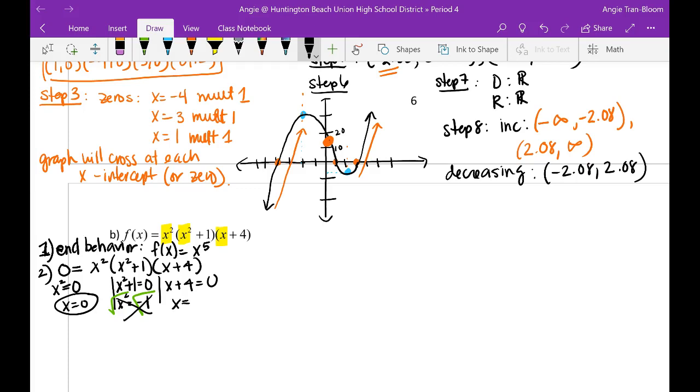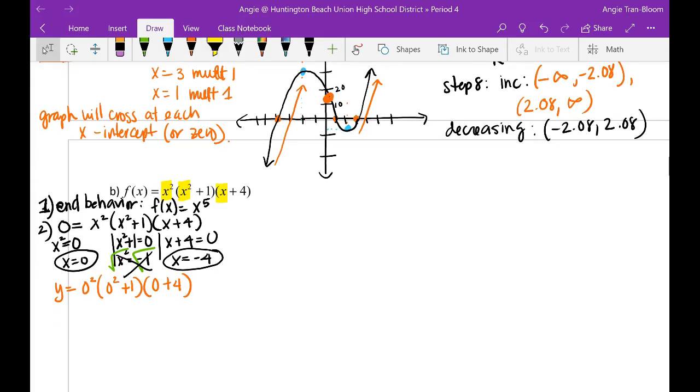So the next x-intercept is we are going to subtract 4 from both sides. So those are my x-intercepts. Now, y-intercept is when x is 0. So I'm going to use a different color. So y equals, every time I see an x, I will now put in zeros, okay? So 0 plus 4.